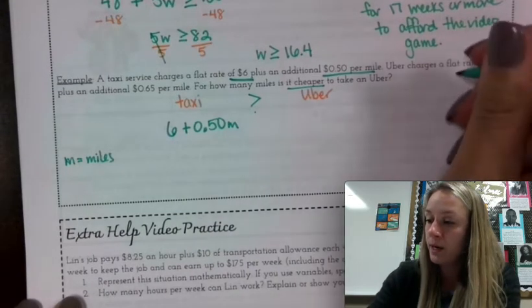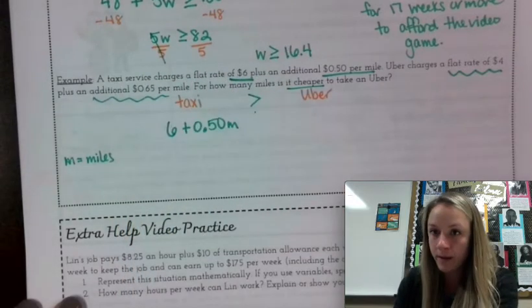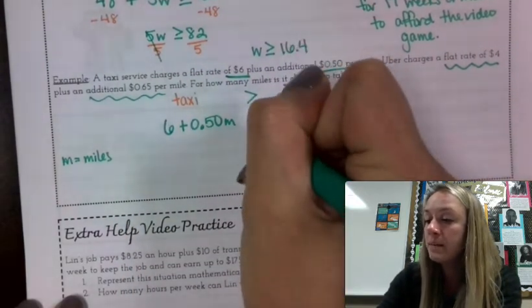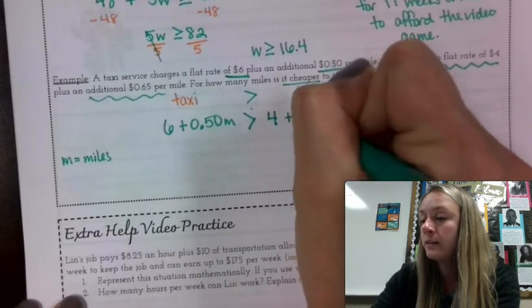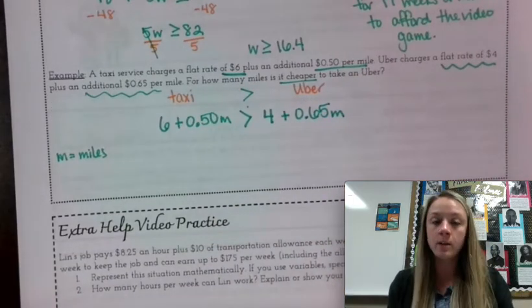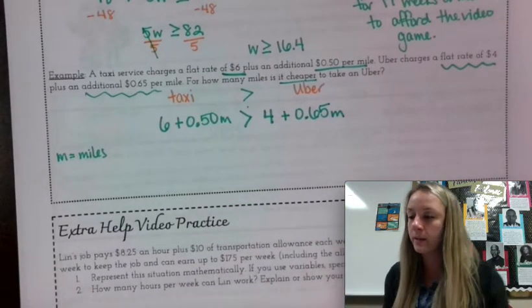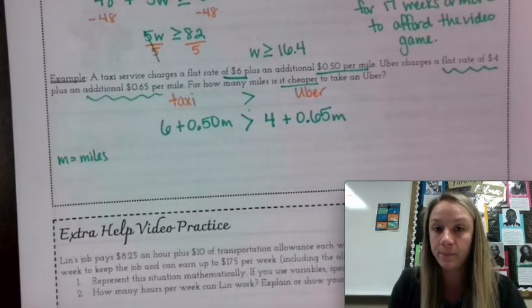For Uber, they charge a flat rate of $4 plus an additional 65 cents per mile. So I'm going to keep my inequality symbol, and I have my $4 plus my 0.65 m. And I want to use the same variable because we're still talking about miles. We're comparing them. So this is my inequality.